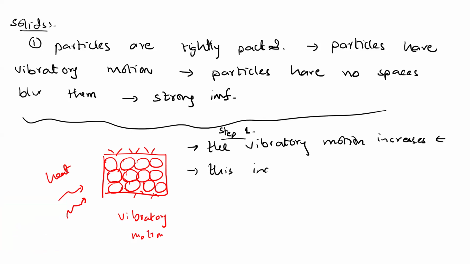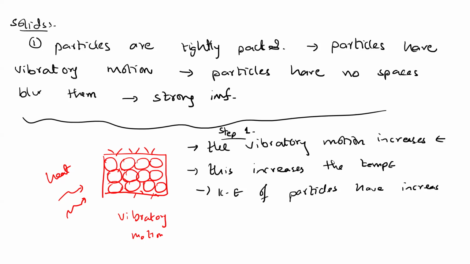This increases the temperature, and we can say the kinetic energy of particles has increased. But this is still not melting. This is still a solid before it reaches its melting point.